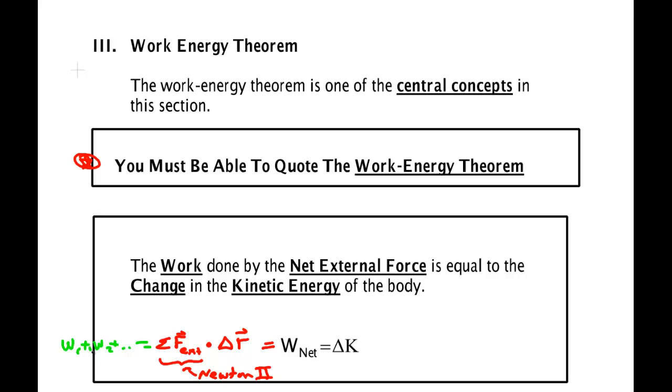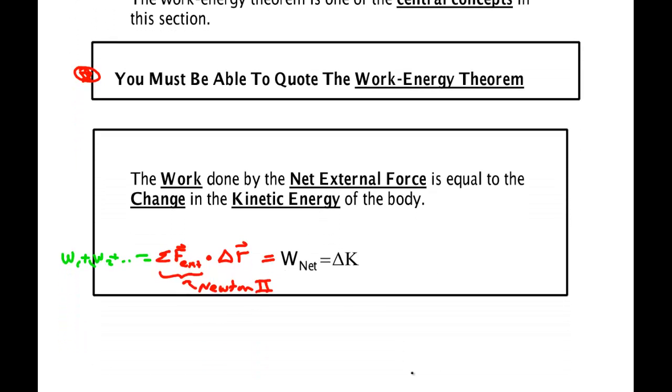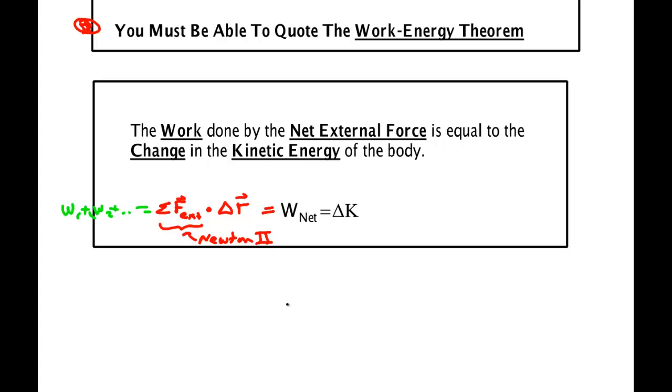Well, that's okay. If you knew, for instance, in a problem, delta K was like 10 joules, and you knew that was due to the work of gravity, the work of the normal, the work of friction, and the work that you did, maybe, with some other force.